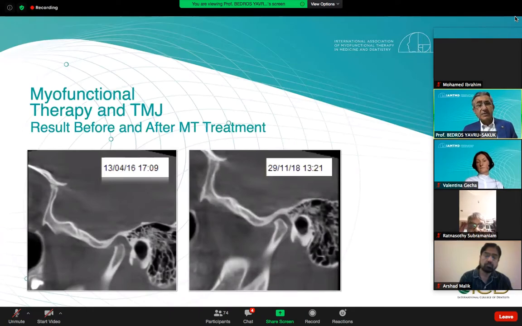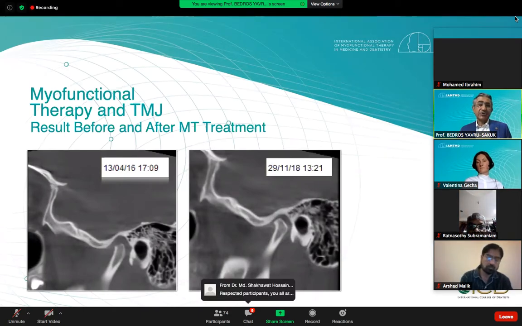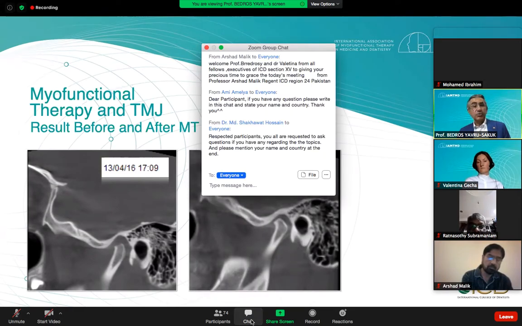Here we can see the CBCT of the TMJ, before and after myofunctional treatment. Before, you can see the head of the condyle has been eroded due to muscular malfunctions.